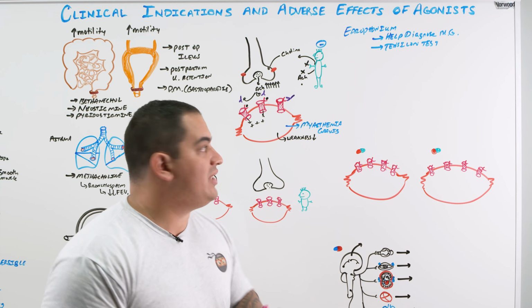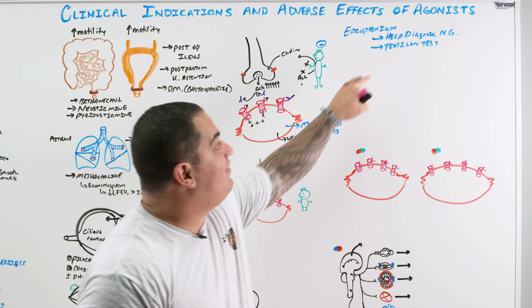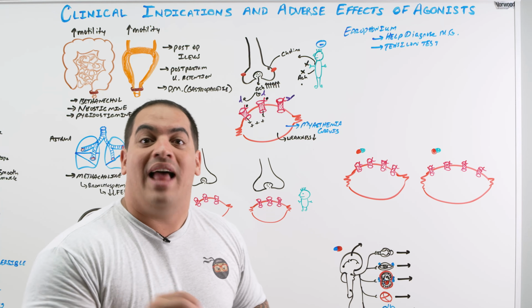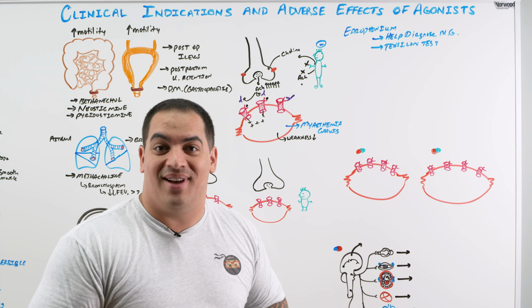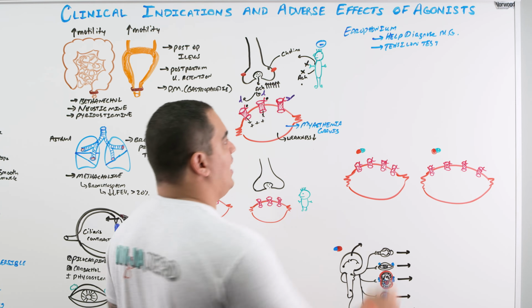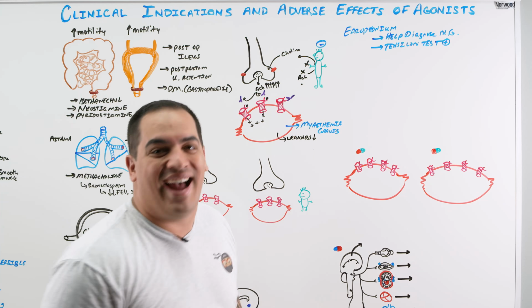You stimulate those receptors, you should see an improvement in their weakness. It's very short-lived. That would be one of the things that we could utilize to aid in the diagnosis of myasthenia gravis. Obviously, that's not the most important test. We have to check the antibodies, but it helps us in the diagnosis.